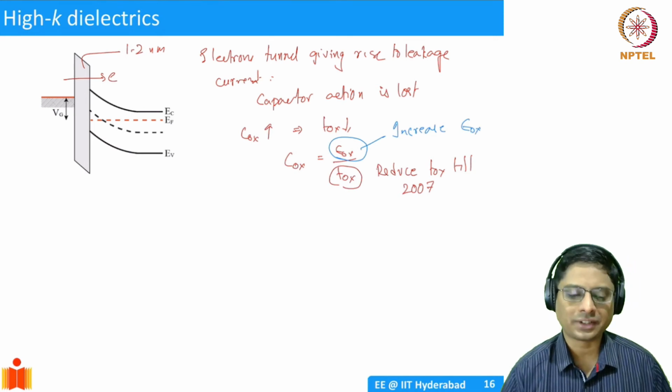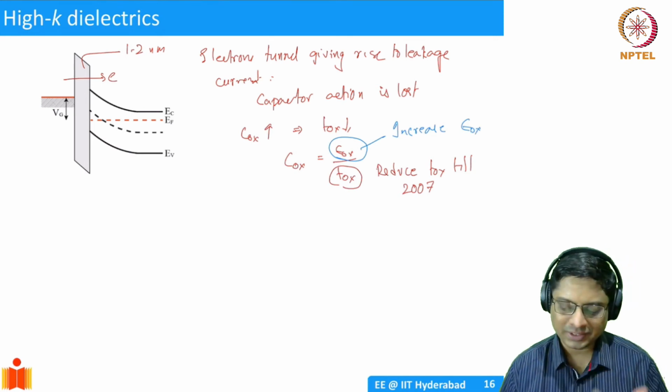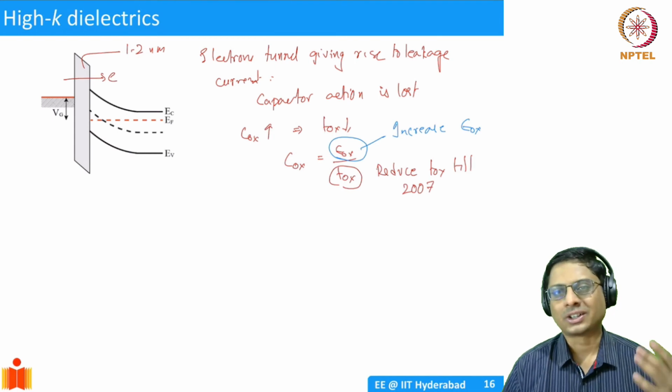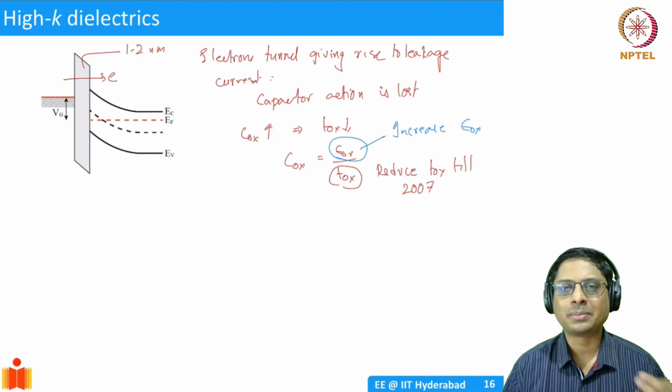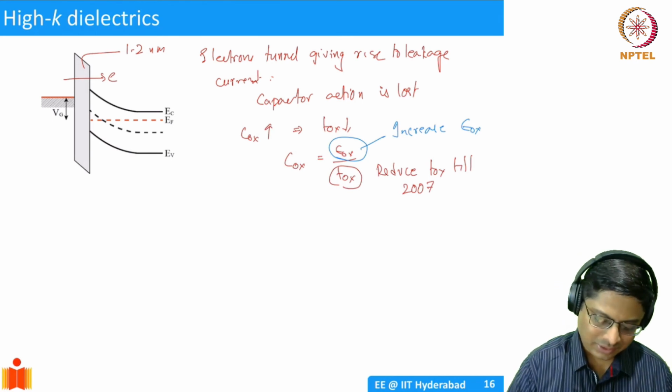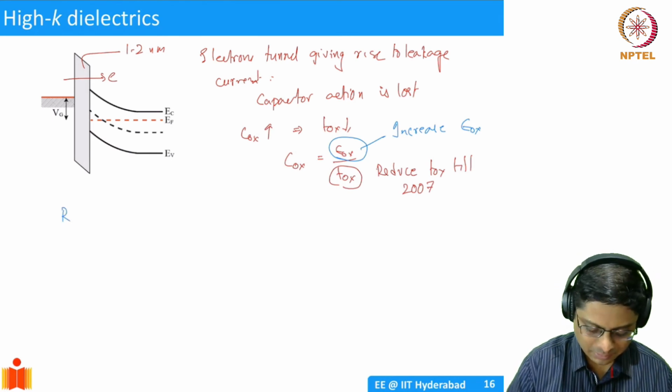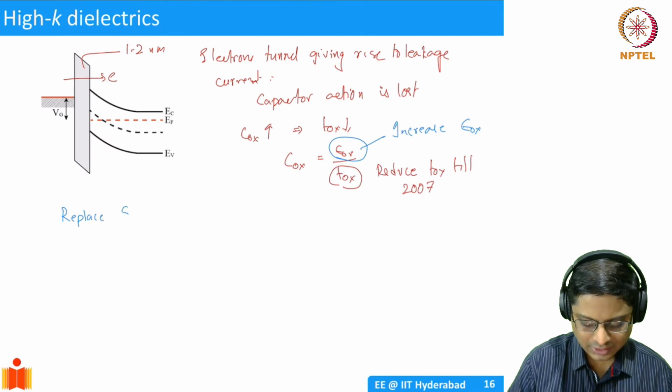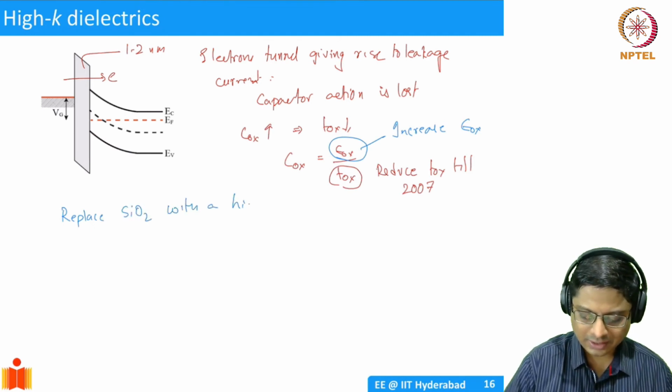That also has a similar effect, right? So what does increasing epsilon oxide mean? Well, oxide's material parameters are fixed; we can't do much about it. But it turns out that we can replace silicon dioxide with a high-K dielectric. That is the idea.